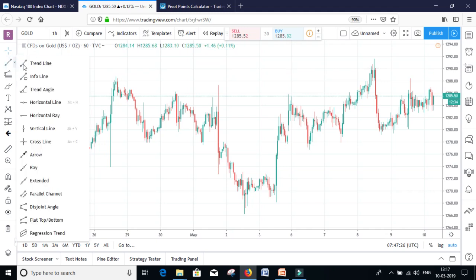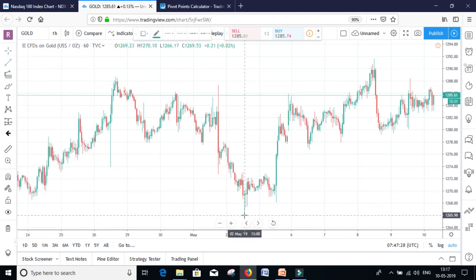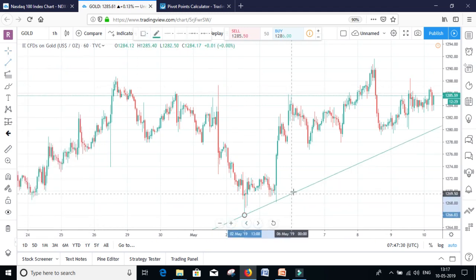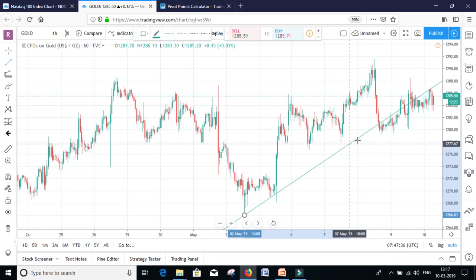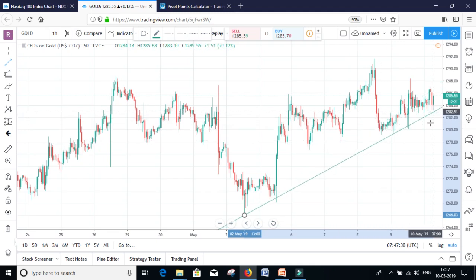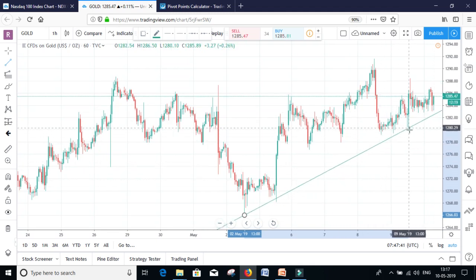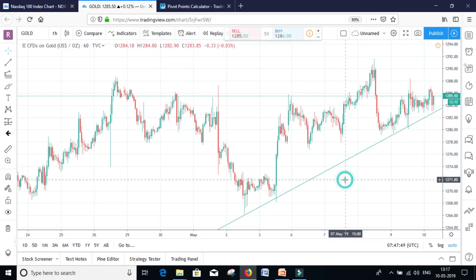Here we click it, that is your trend line. Make it so that it connects with many of the lines. So that is your connecting line.